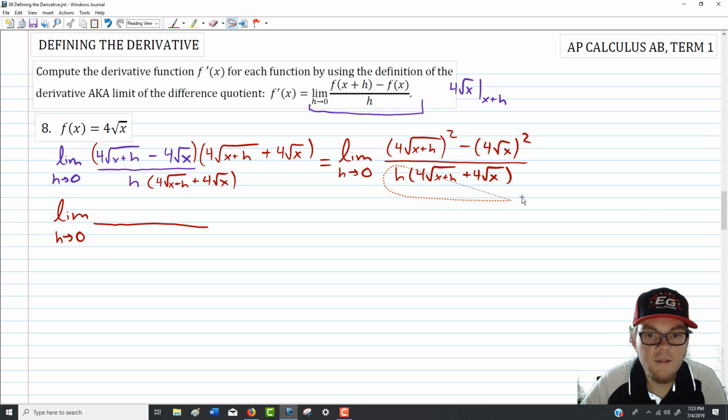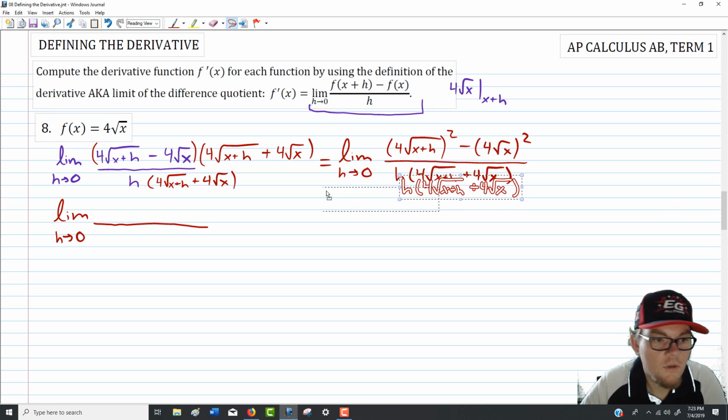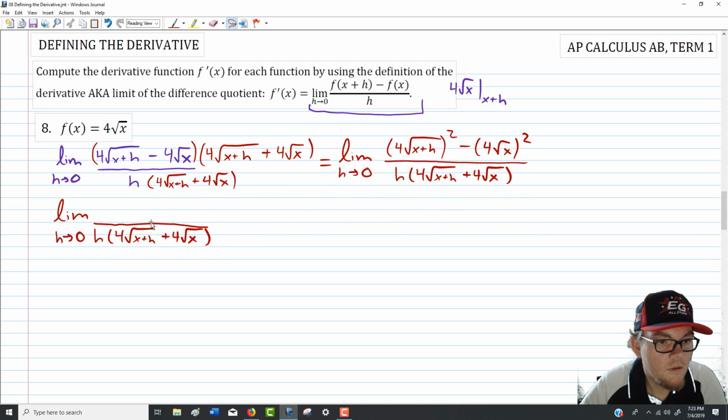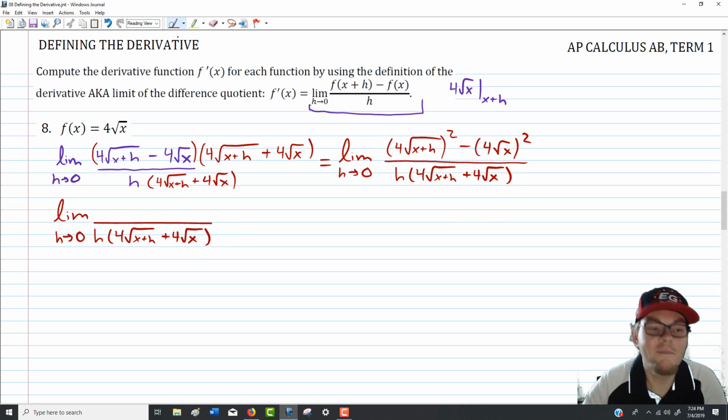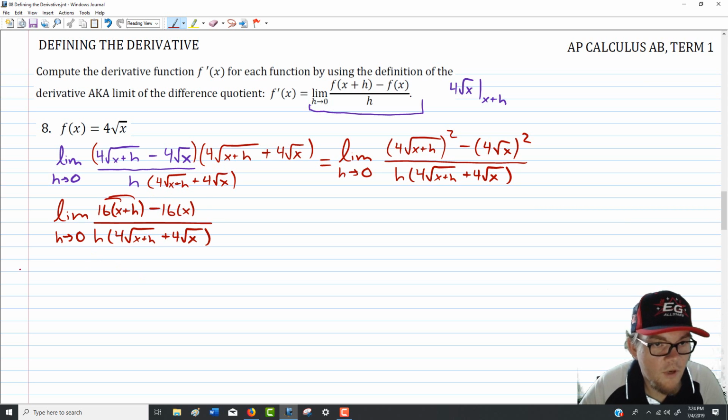Out of curiosity, can I be lazy? Yes! Got to save myself a little bit of writing. There's our same denominator. Our numerator becomes 16 times x plus h minus 16 times x. And if you distribute that out, I'm hoping you'll trust me that we're going to get 16x plus 16h minus 16x.